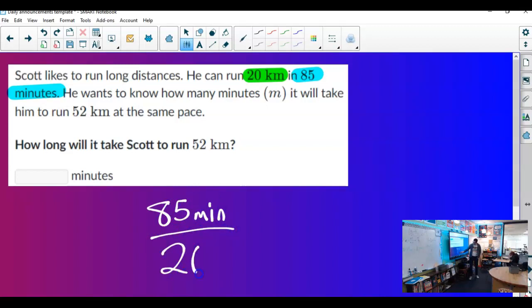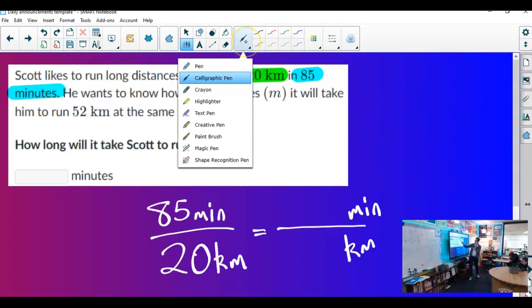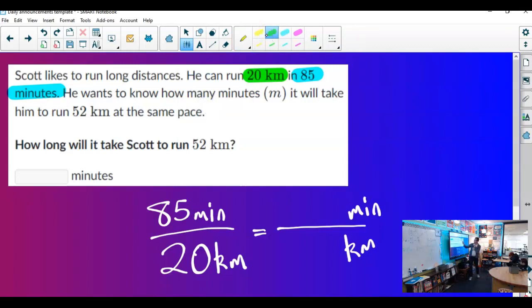over 20 kilometers. Now we include the labels because that's going to determine what label goes here, what label goes here. So, since you asked for this one, what is the other number we know? So he is gonna run 52 kilometers. Would that go on top or bottom?